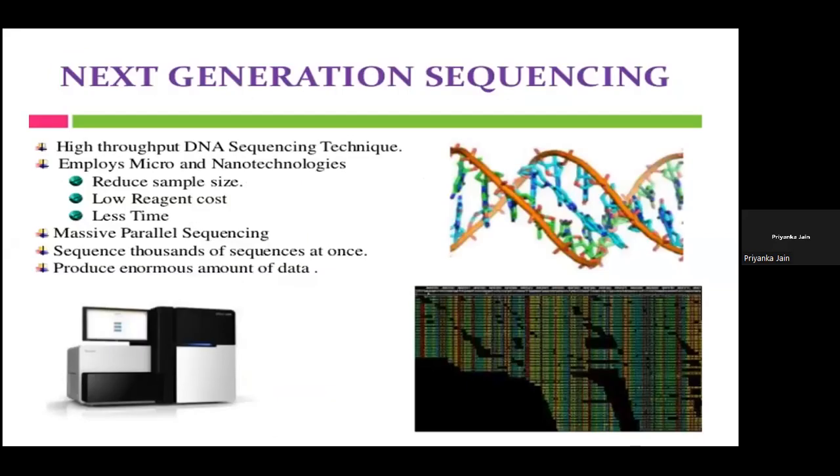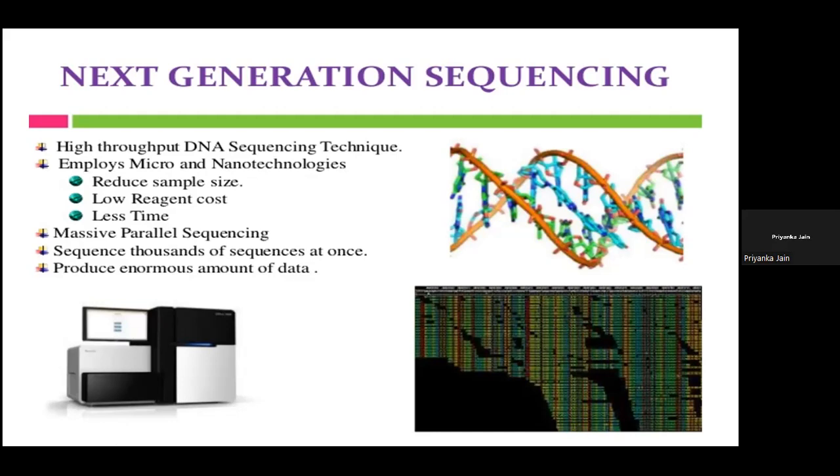Then this is one of the third generation sequencing, what we also call next generation sequencing, a high-throughput DNA sequencing technique which reduces sample size, cost, and time, and is massively parallel. This is a HiSeq machine which is being shown. It is from Illumina, highly popularly used, sequencing thousands of sequences at one time, and it produces enormous data.